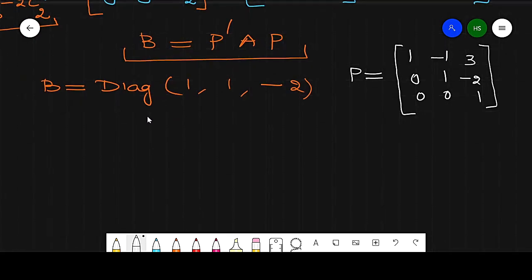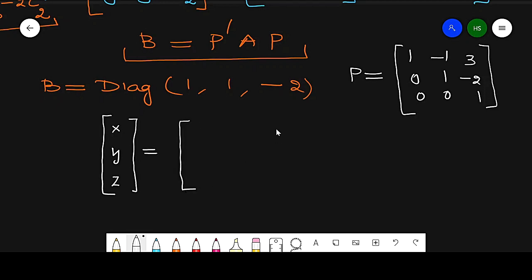Now what is the linear transformation? With the help of the diagonal form, if I write x, y, z, these are the original variables, and this will be the P matrix, multiplied by the new variables x dash, y dash and z dash.